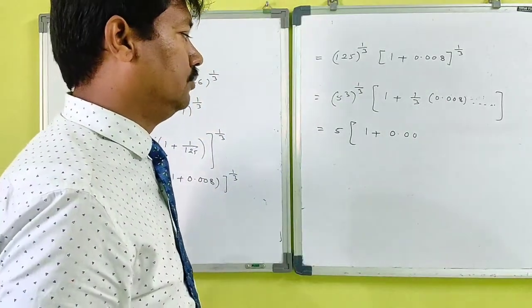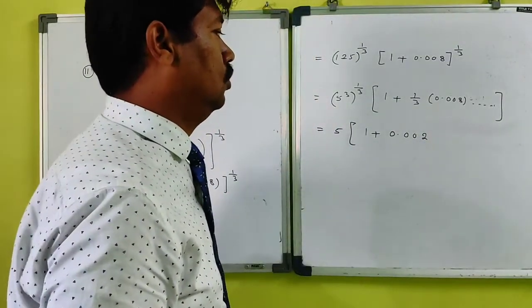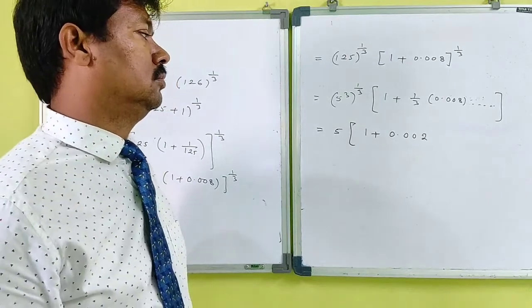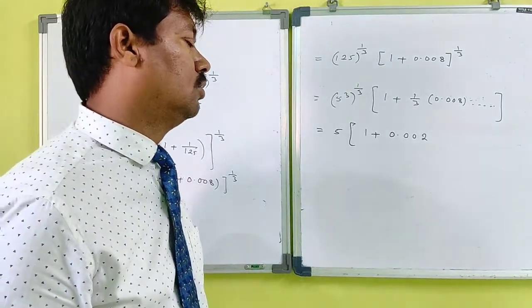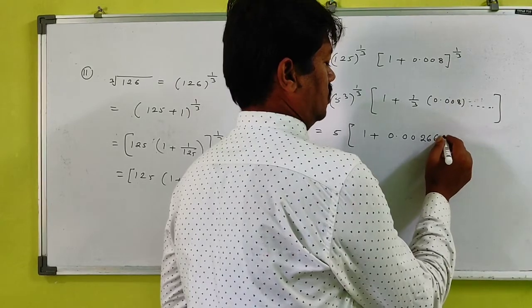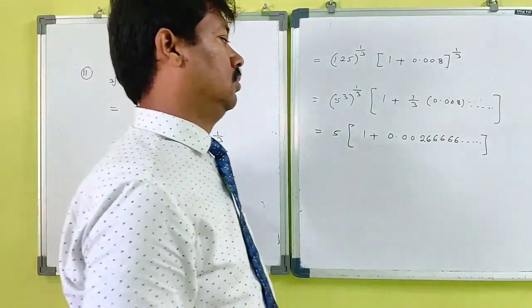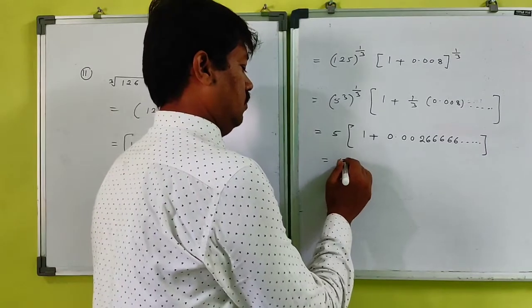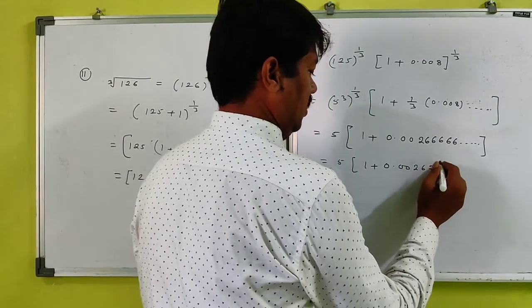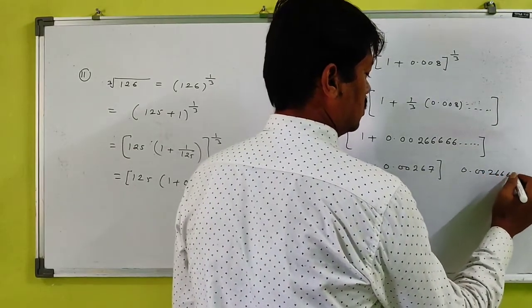So it is 5 times (1 plus 0.008 divided by 3). If you divide this, it becomes 0.00266 and the 6 keeps recurring.